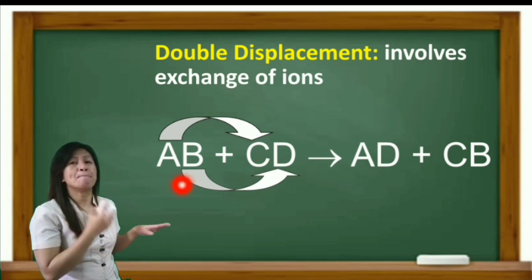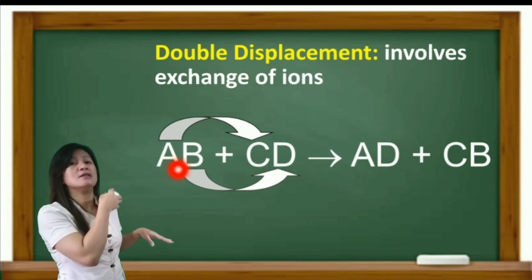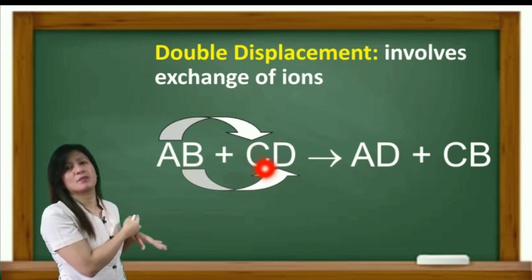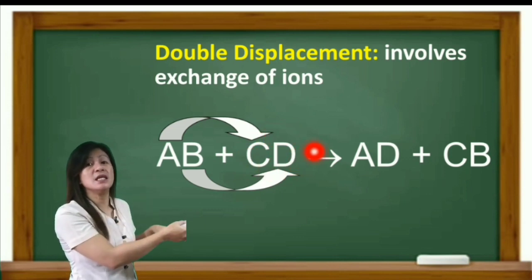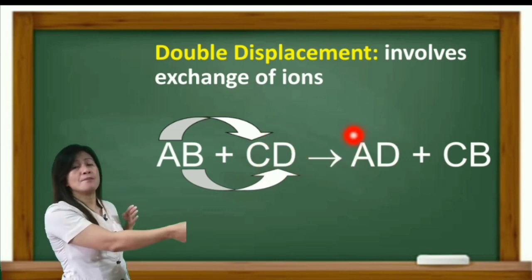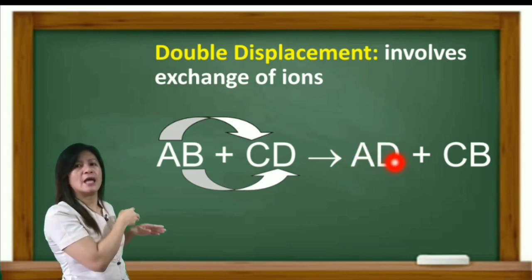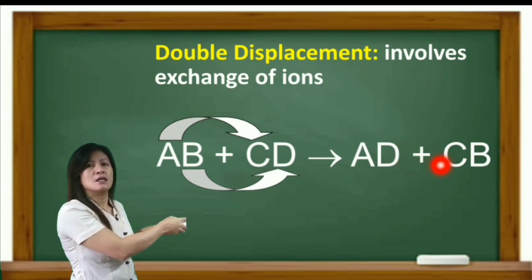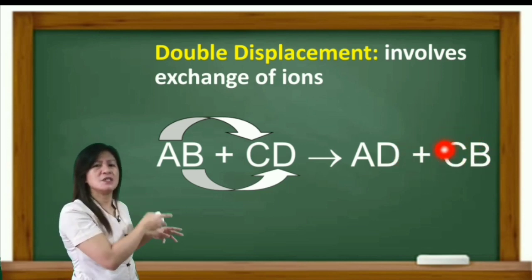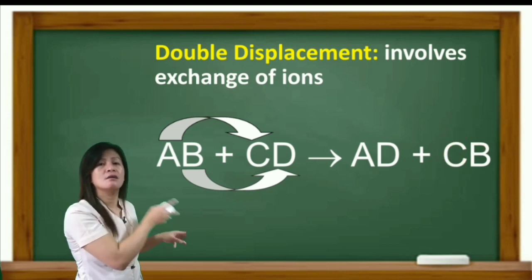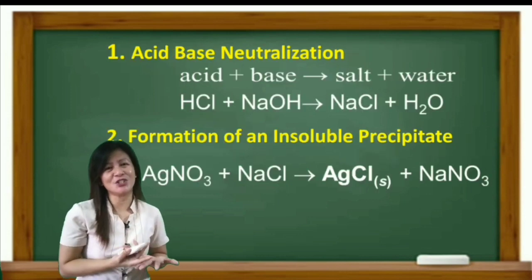So we have here pairs of ions: positive A and negative B pair plus positive C and negative D pair to form another two pairs, a positive A and negative D compound, and a positive C and negative B compound. So you will see here an exchange of partners.